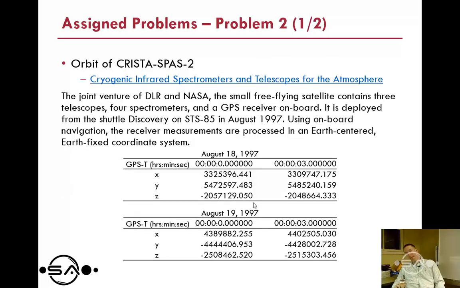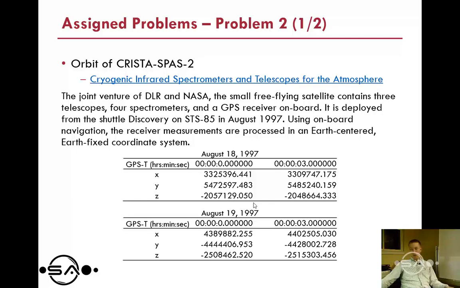Problem 2, the orbit of a satellite released by the Space Shuttle Discovery, the cryogenic infrared spectrometers and telescopes for the atmosphere. It has a GPS receiver on board, and we get 2 reports back from that GPS receiver, based on GPS time, 000s, and then 3 seconds later we get another update on the first day and the second day, right?